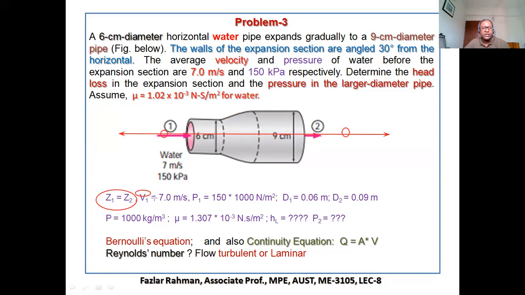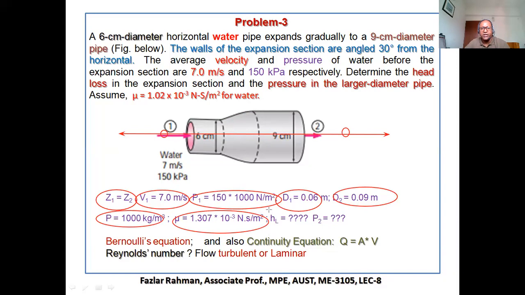Velocity at point 1 is 7 meters per second. At 1, pressure is given; kilopascal, you convert to Pascal. D1 is over here, D2 over here. Then rho, this is not P, this is rho. I made a mistake. Rho equal to 1000 kg per meter cubed because it is water, right? Viscosity is given. So you need to figure out HL equal to how much, P equal to how much.